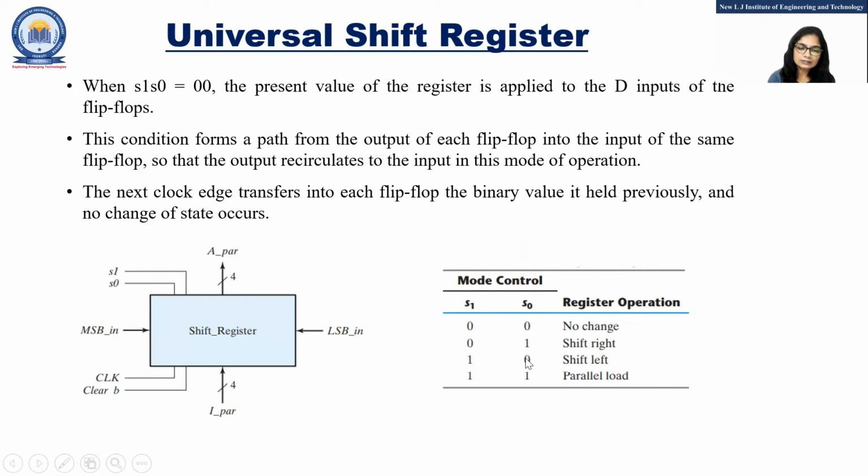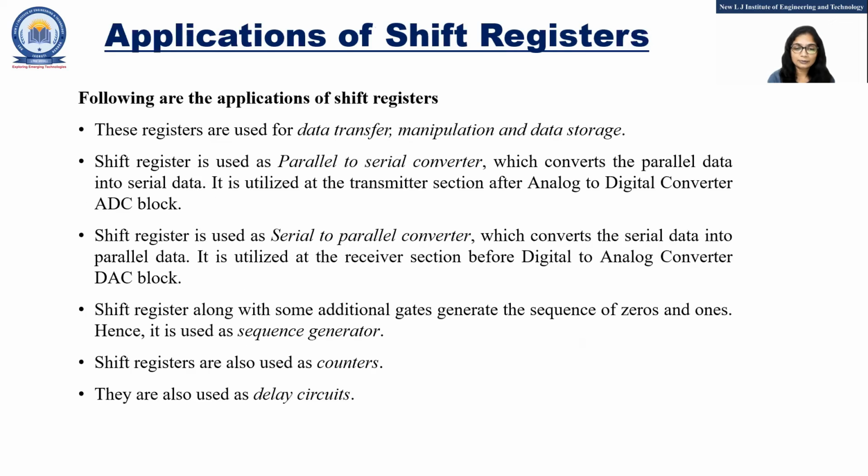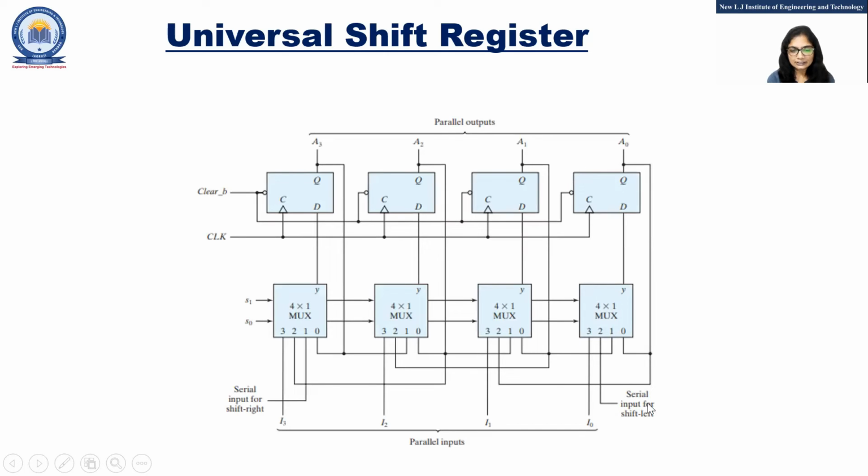Now we'll discuss 1, 0. Means S1 control signal is 1 and S0 is 0. That is the shift left operation. Suppose I want to shift the data left side in this circuit. For that I will give S1 is 1, S0 is 0 to all these muxes. Now the data I want to shift left, I will give to this third line.